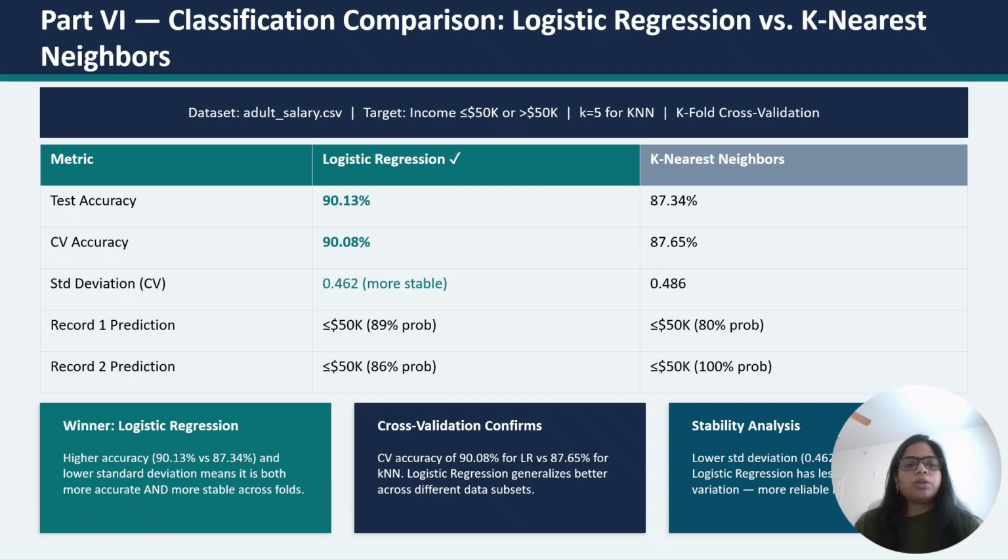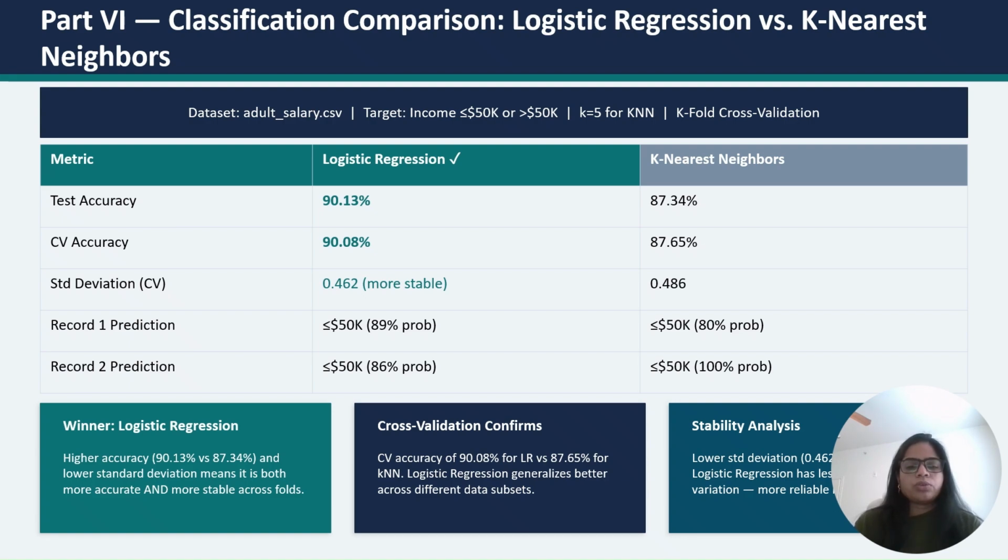The standard deviation measures the performance stability. Since logistic regression has slightly lower variation, it is also slightly more stable than k nearest neighbors. So with this comparison, I can conclude logistic regression performs better than KNN.